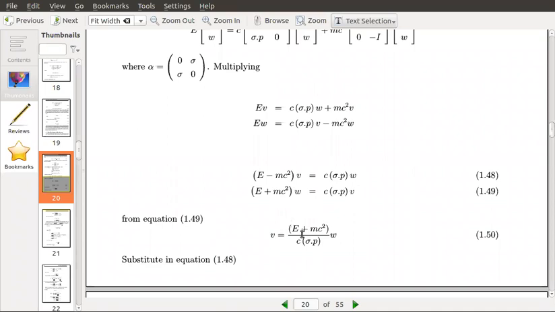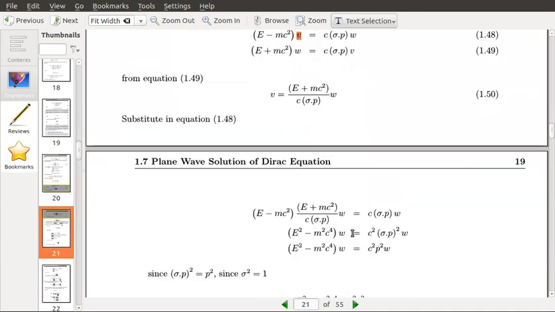Now you substitute the expression for V from the second equation into the first equation. So V equals this one from the second equation, and we substituted that V here, so the first equation becomes entirely in terms of W. So that equation is like this one.